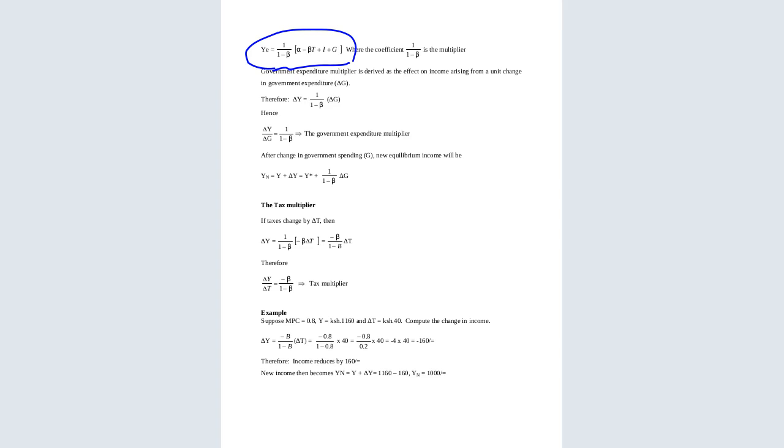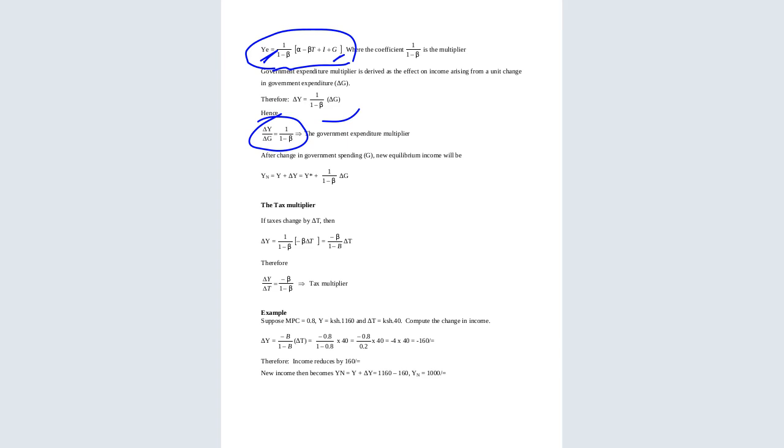So you can see, because you have done mathematics and you know how to find derivatives. So the change in income over the change in government expenditure. Remember 1 over 1 minus beta multiplies everything that is in that big bracket. So our government expenditure multiplier is simply given by 1 over 1 minus beta. So the change in y over the change in g is given by this.